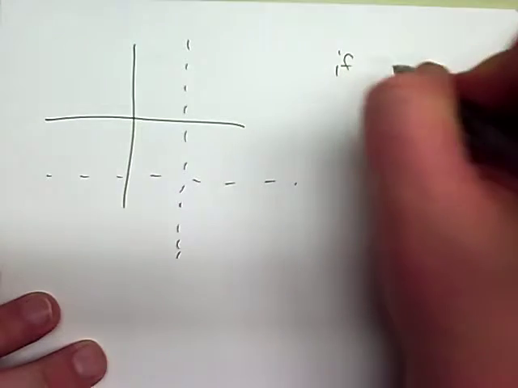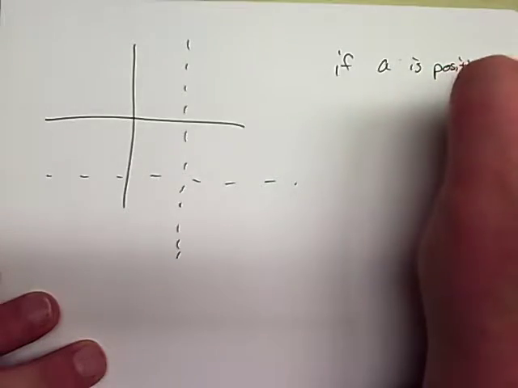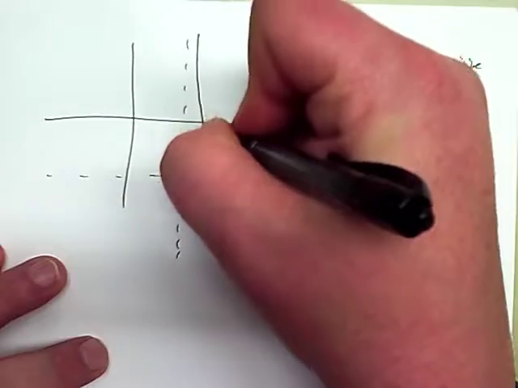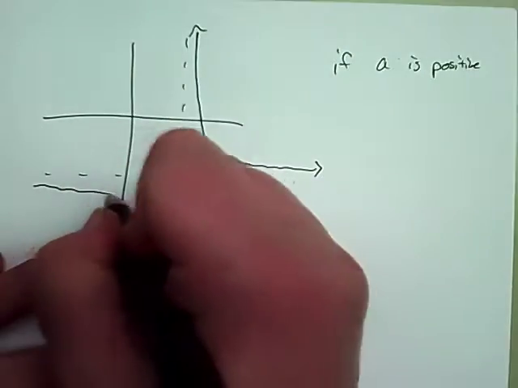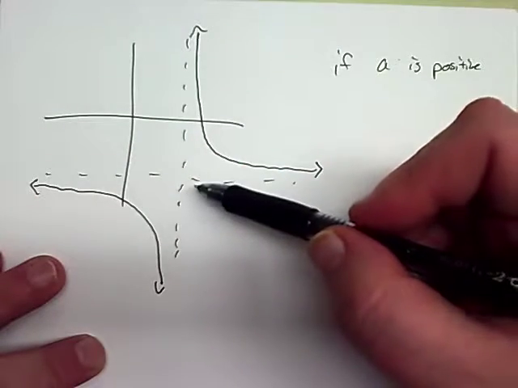Now, if A is positive, we're going to go top right and bottom left where the asymptotes meet.